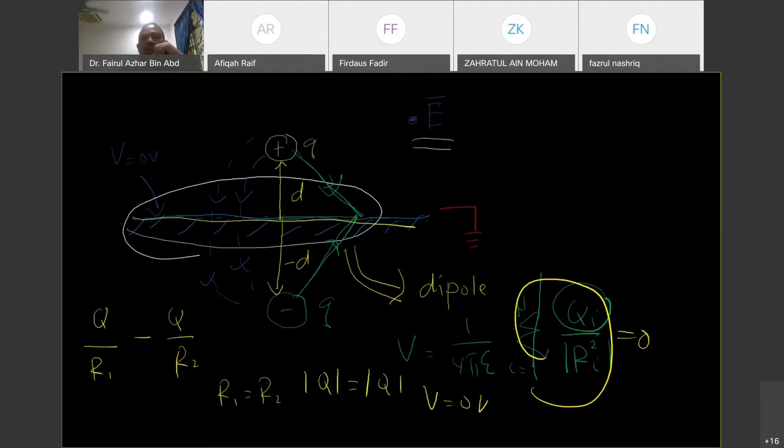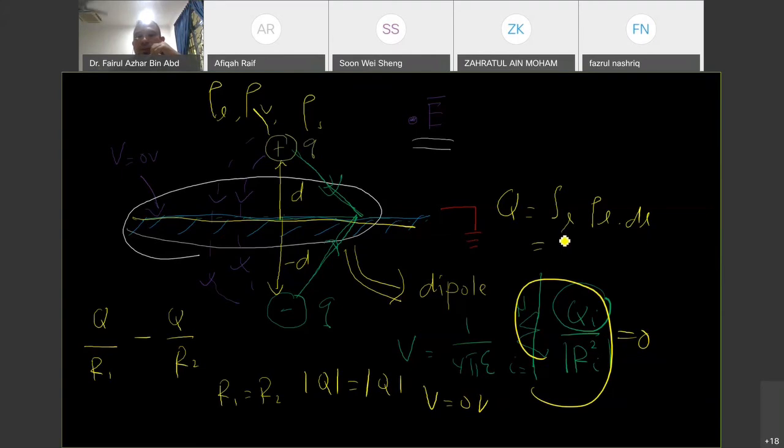The charge in this case can exist as either rho L, rho V, or rho S, and we just need to find Q. If we have rho L, we perform line integration, rho L dl.